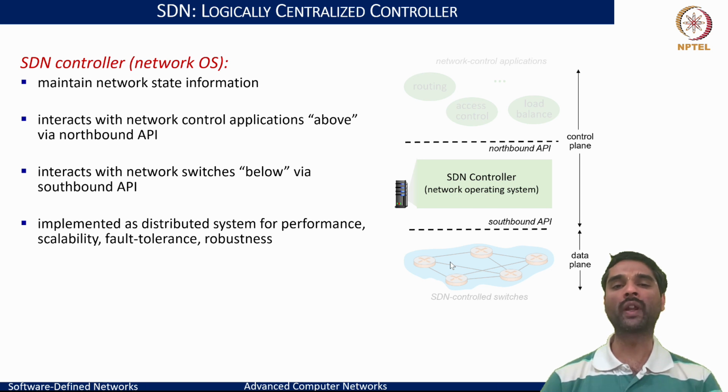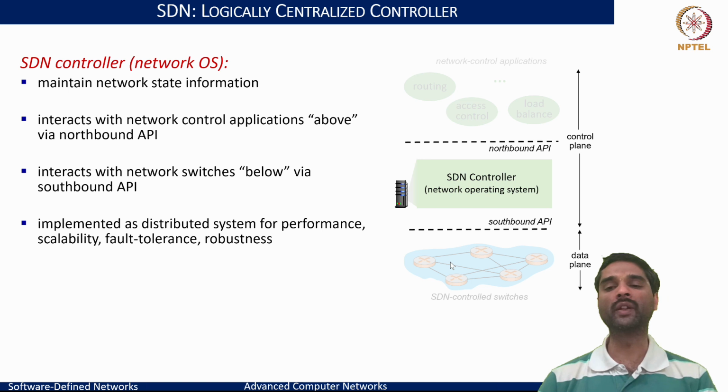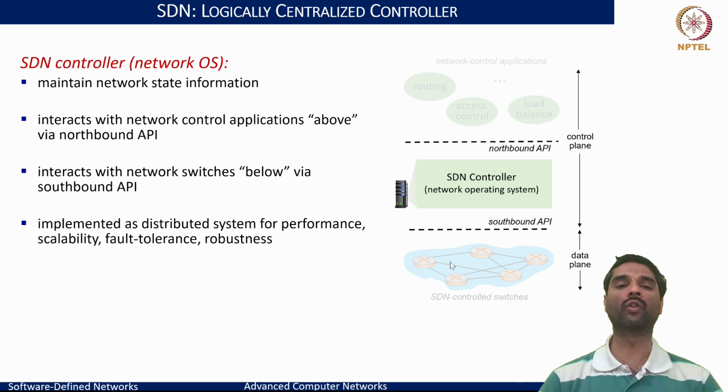That means it would interact with the network control plane or forwarding plane and the management plane of these devices and extract specific data and maintain this information. And through this information, it would export specific APIs to the applications above so that they can all leverage this topology information, the statistics and the status information, and build necessary applications.